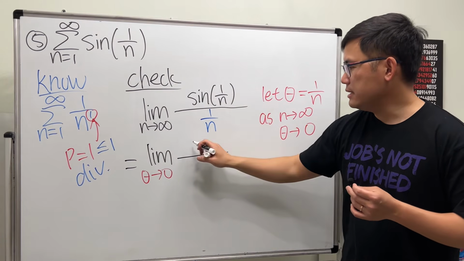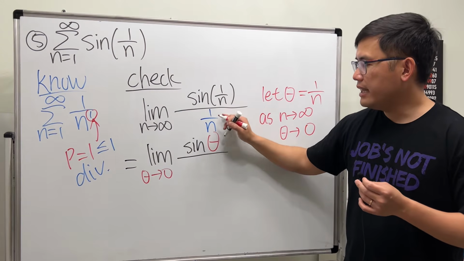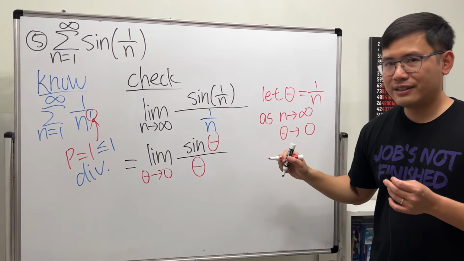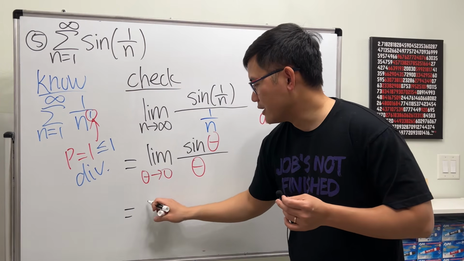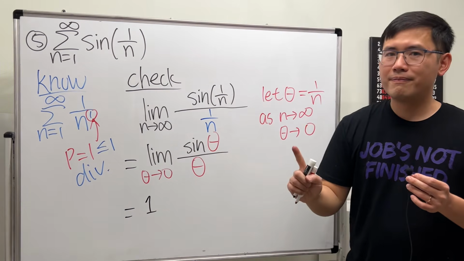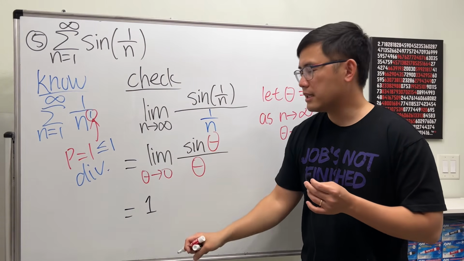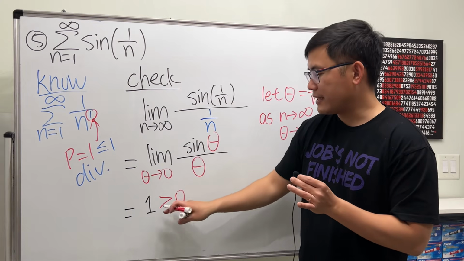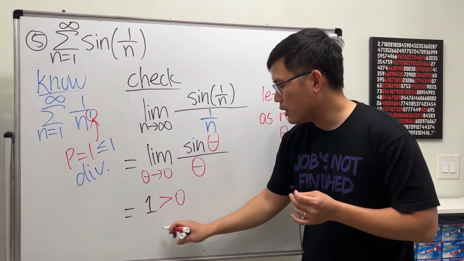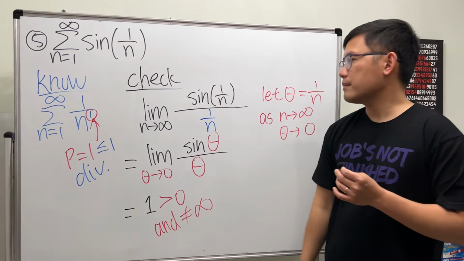Here we get sine of theta on top, and the bottom is also theta. You know the answer for this is equal to 1. Again, after the limit comparison test, make sure that it is non-zero, finite, so it has to be greater than 0, and it cannot be equal to infinity.